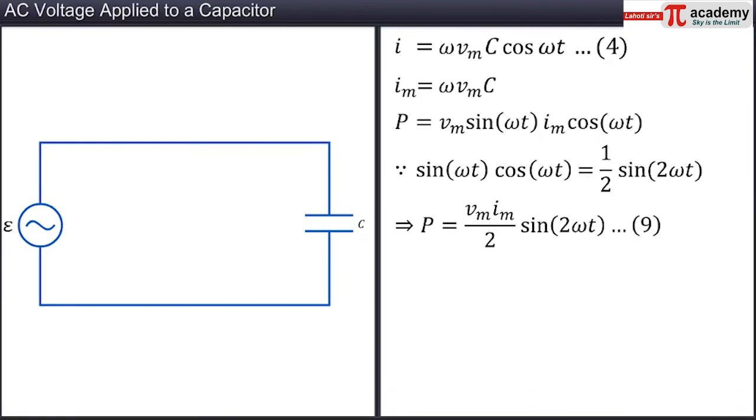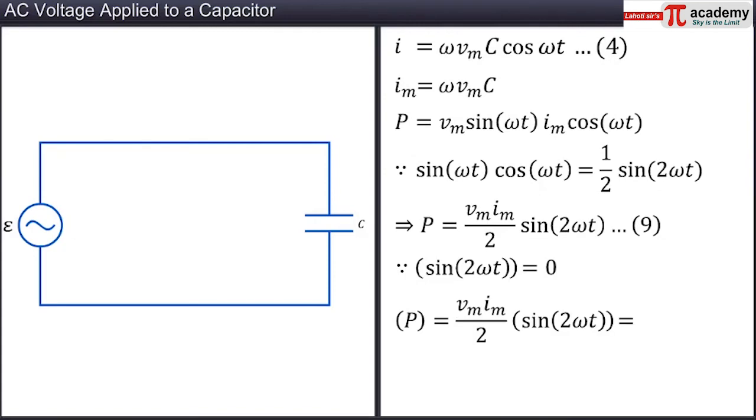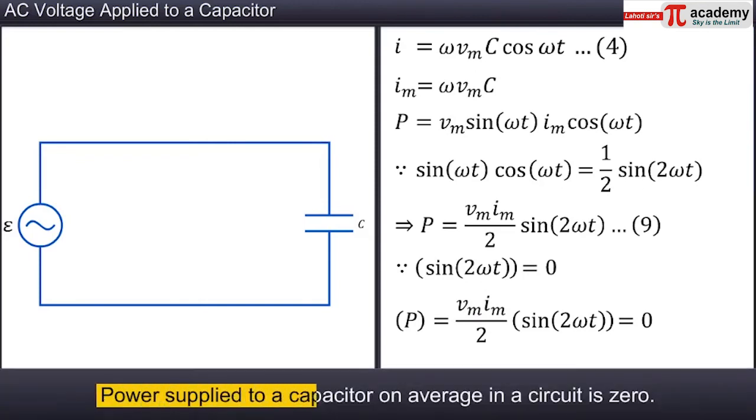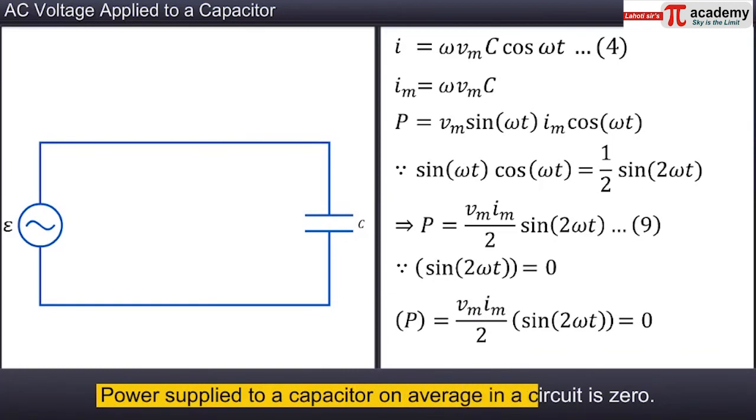As the average value of sine 2 omega t over one cycle of AC is equal to 0, the average of power P over one complete time period will be 0. Hence, power supplied to a capacitor on average in a circuit is 0.